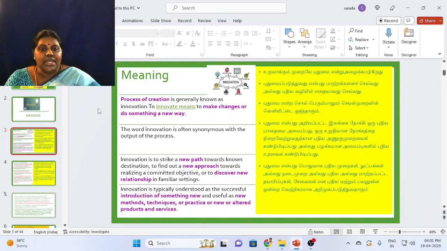Innovation is to strike a new path towards a known destination, to find a new approach towards realizing a committed objective, or to discover new relationships in a familiar setting. Innovation is typically understood as the successful introduction of something new and useful, such as new methods, techniques or practices, or new or altered products and services.